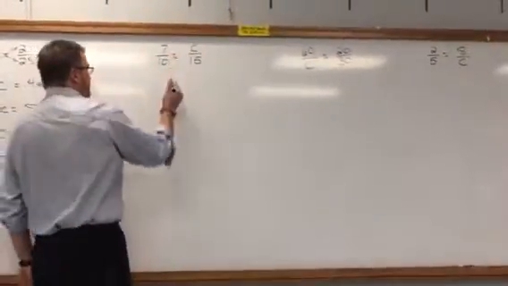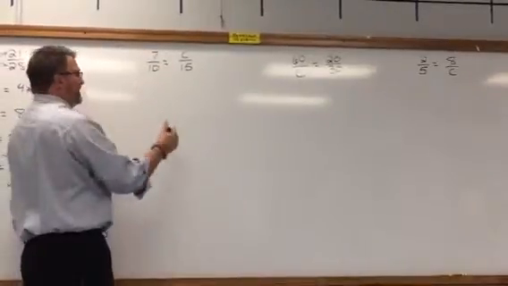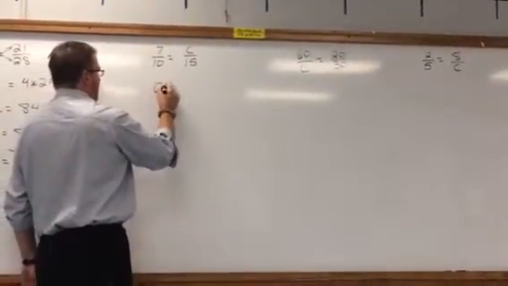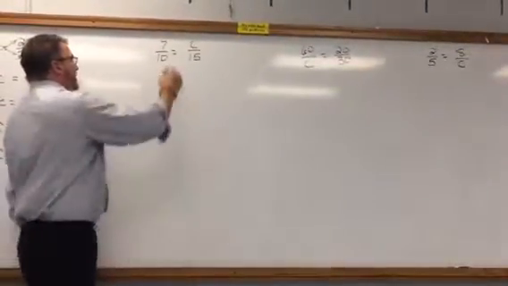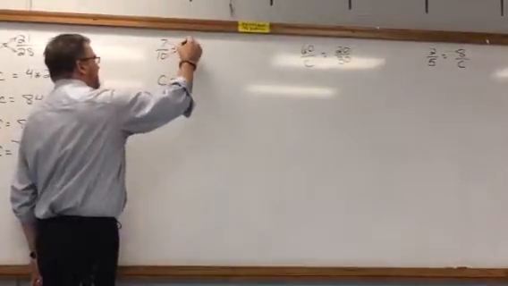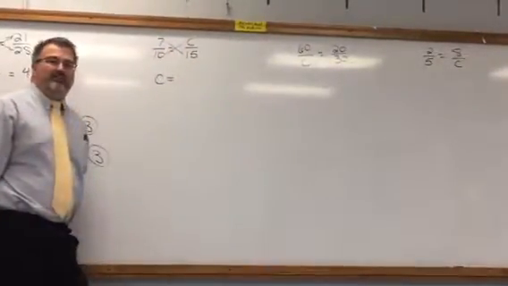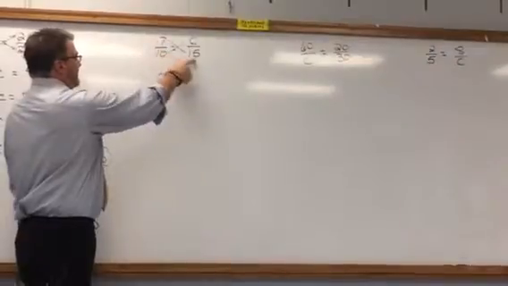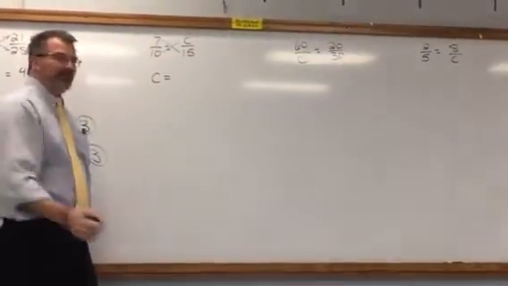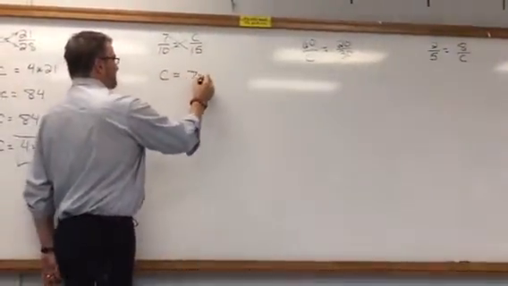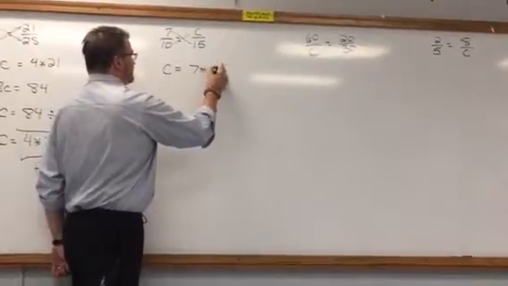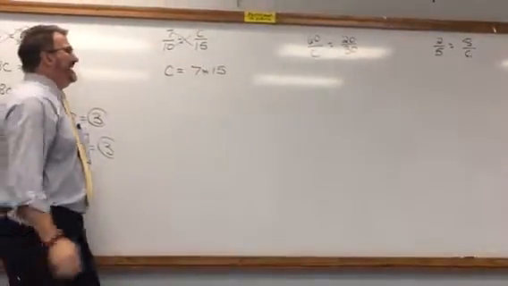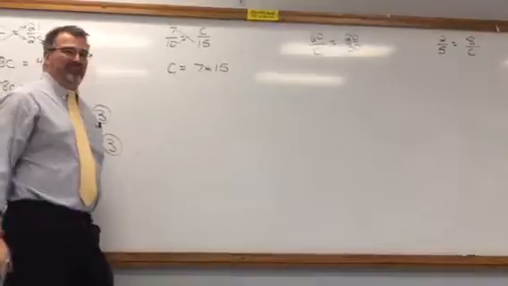So, here we go. I want to know what C is. And by the way, these could be any variables. I want to know what C is. So, here are my 2 diagonals. Which diagonal has both numbers in it? The 7 and the 15. So I multiply my diagonal that is complete, 7 times 15, and then I divide by the number I didn't use.